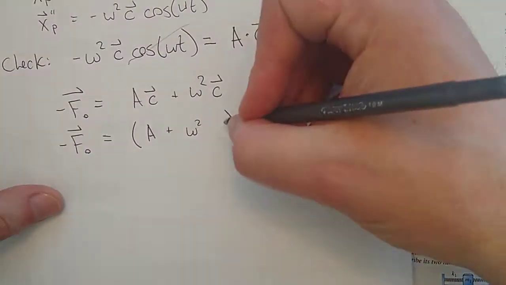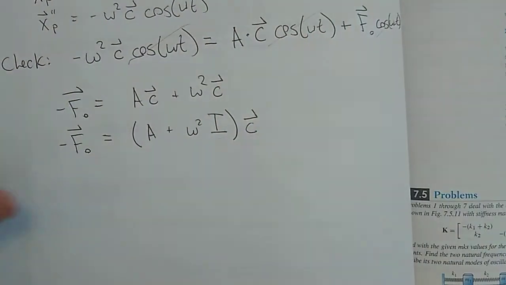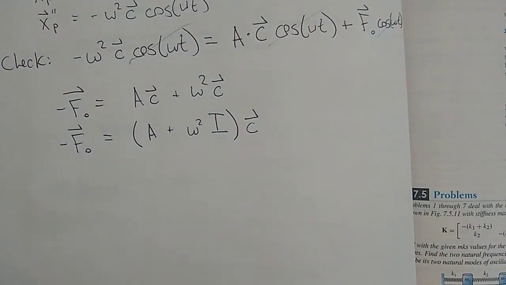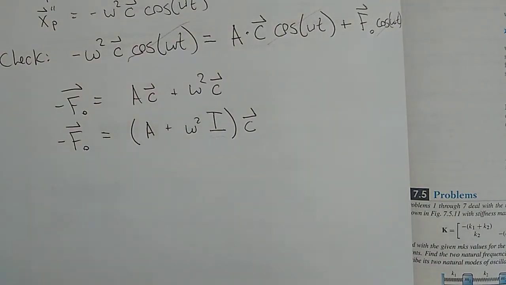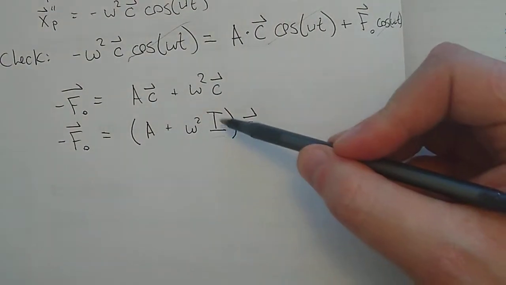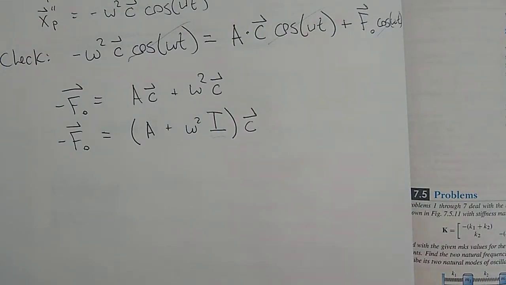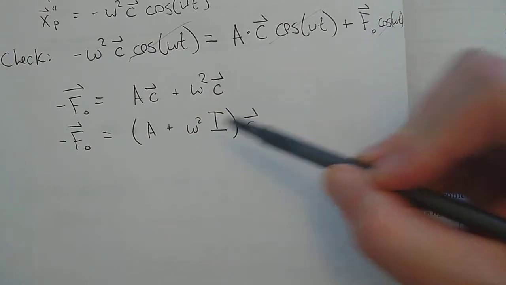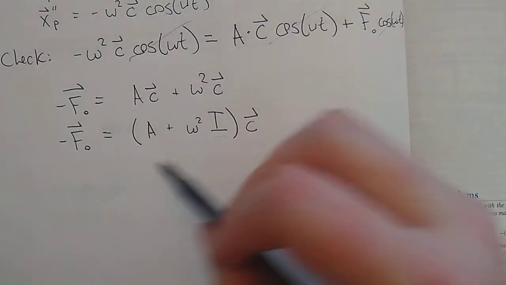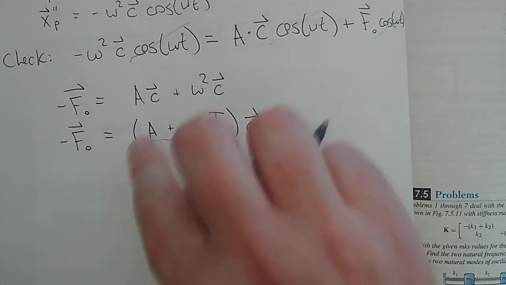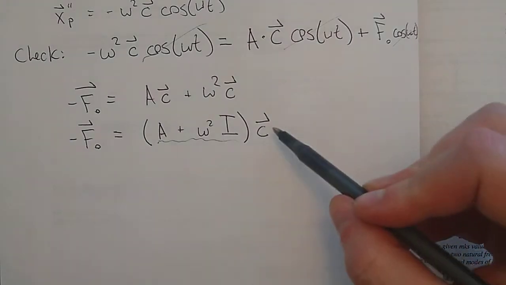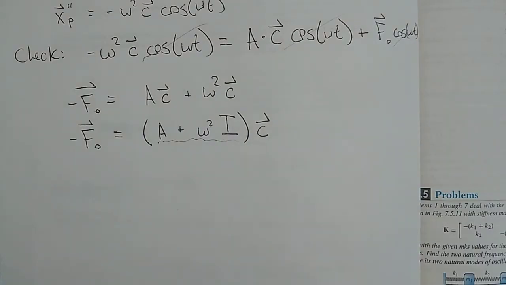However, if I write an I there, I is representing the identity matrix. Now this makes sense. I can do a matrix plus a matrix, and the other reason it makes sense is because I times C is just C. So it's almost like this I isn't doing anything except making sure this expression makes sense. So that's what we do, and that is how we can solve for the vector C.